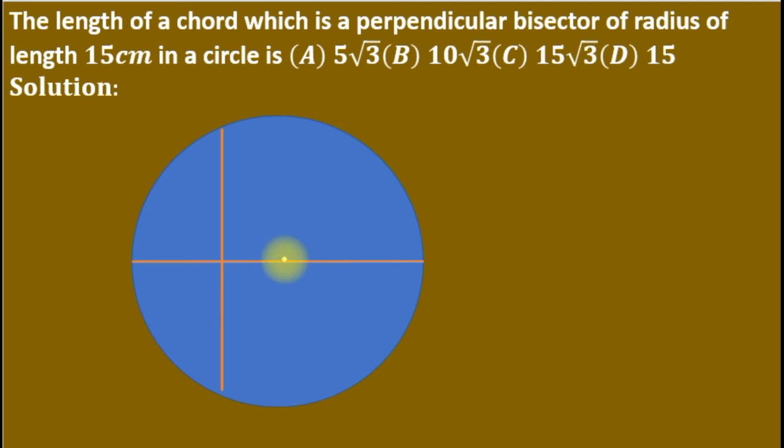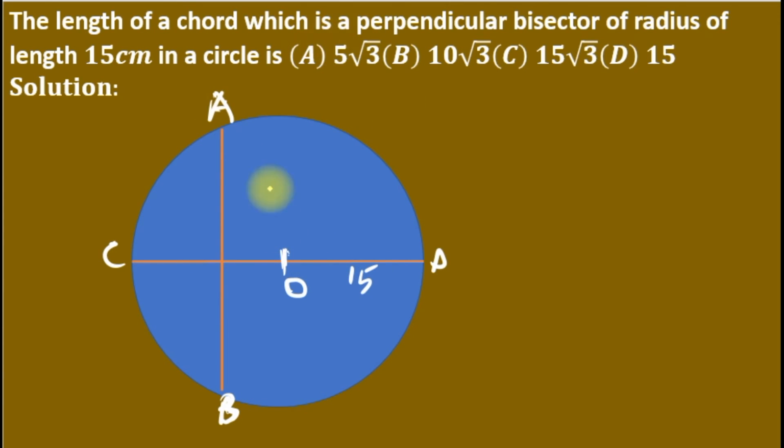So I'm saying that if here is the center of the circle, assuming this is the center of the circle, and they said the length of chord, let's call the chord AB. There is a perpendicular bisector of the radius. So from here you see that CO is the radius of this circle, and they told us it's 15.